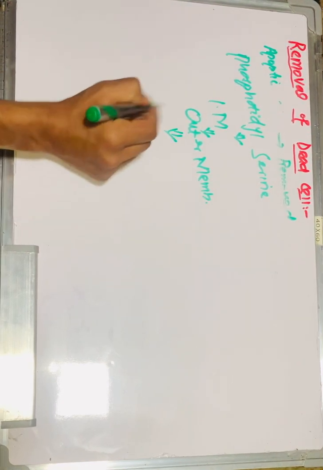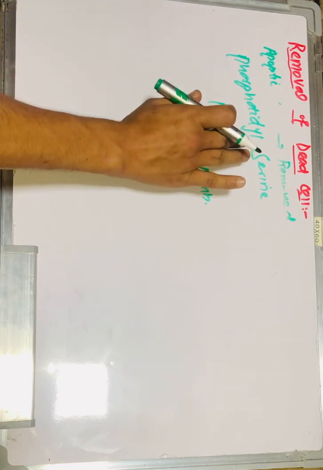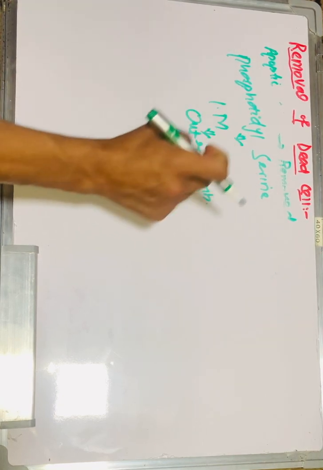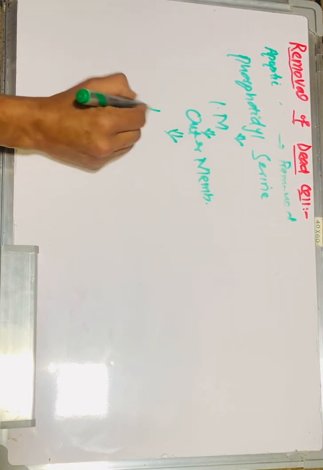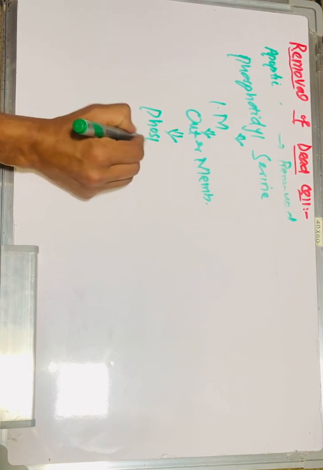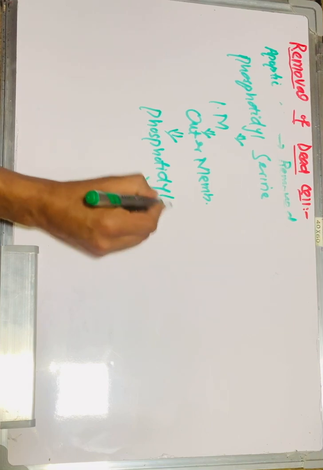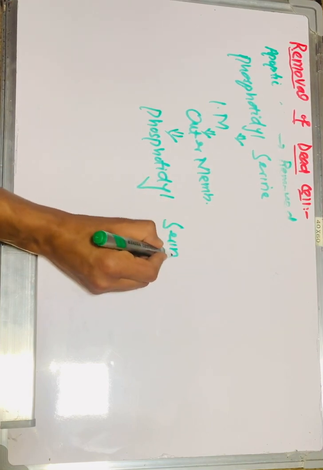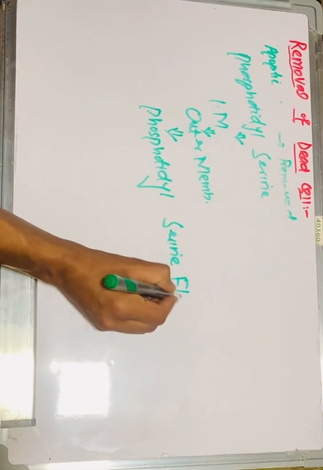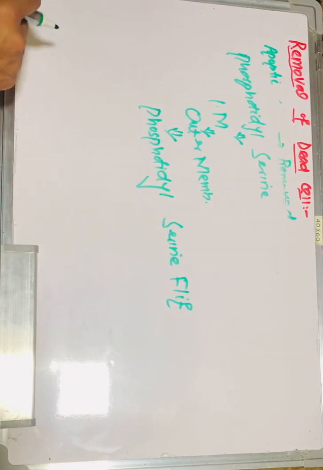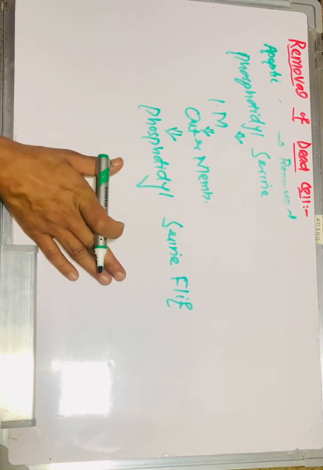This process of phosphatidyl serine coming out from the inner membrane to the outer membrane is called phosphatidyl serine flip.